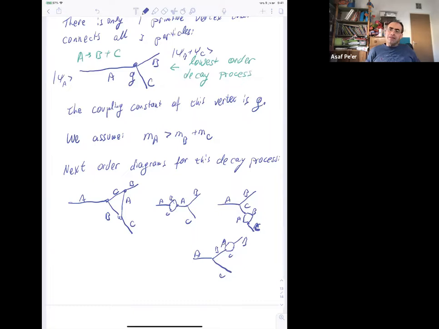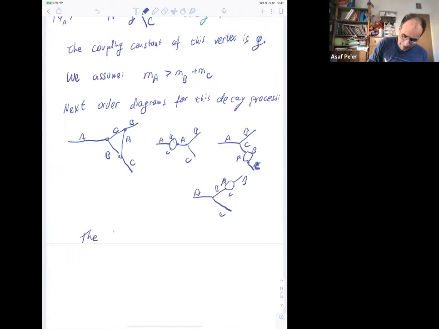Remember, I define a theory which allows only a single type of vertex, a vertex that connects A, B, and C. Now it does allow scattering. This theory does allow scattering.